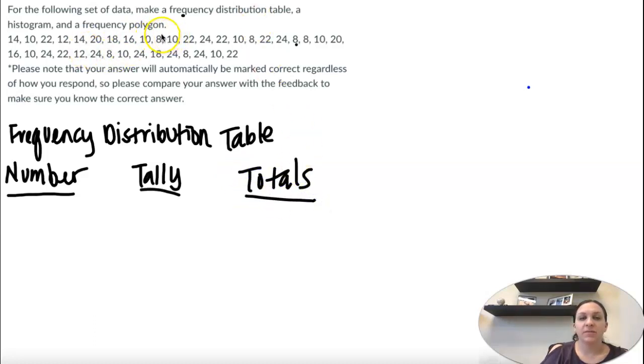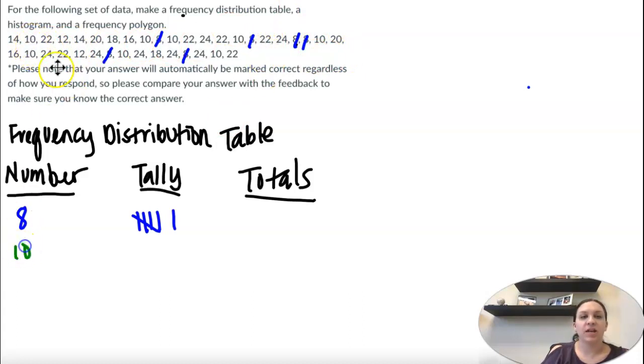So I can see some 8s here. So for 8, I have 1, 2, 3, 4, 5, 6. And sometimes you miss some, so just move on and you can come back to them, or you can go in order. I just want my numbers to be in order.